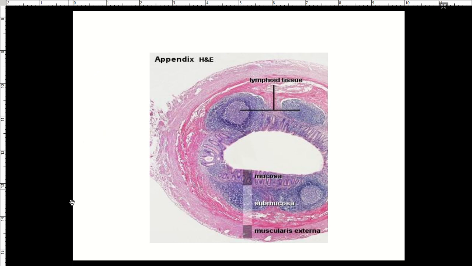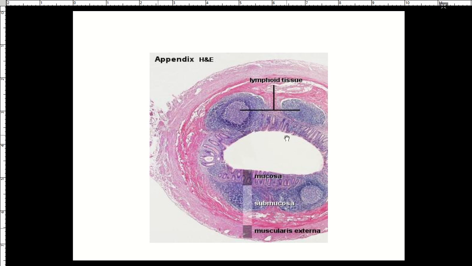So this is a cross section of a histological slide of an appendix. You can actually appreciate this is your muscularis externa, this is your submucosa, right? And this is your mucosa. And you can actually see aggregation of lymphoid nodules. You're going to see this germinal center right here, and your periphery of T cells, another lymphoid nodule here, another lymphoid nodule here, another lymphoid nodule here.